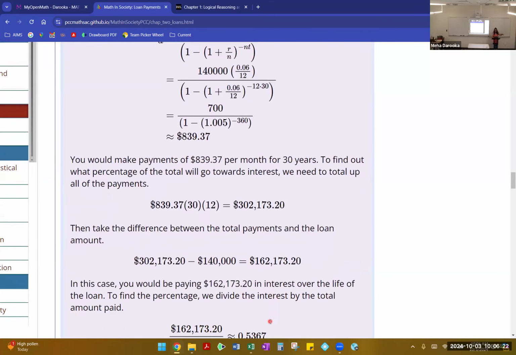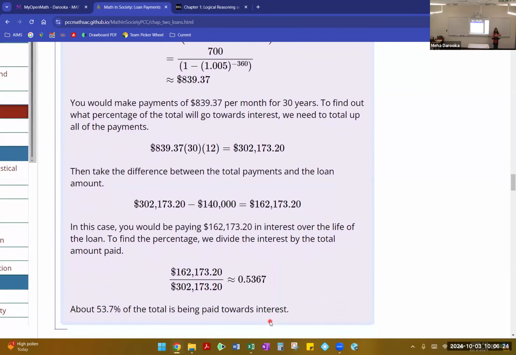Did you have that? Yeah, it's just kind of a question about the question. If we have a question that asks, like, you want to have this much by this time, account earns this much percent interest, but doesn't say how often it's compounded, do we just assume that it's annually?